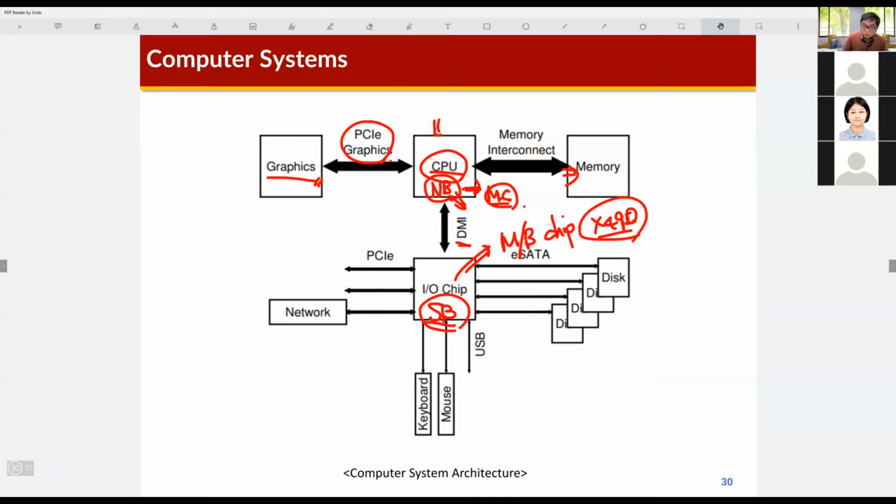The storage devices are connected to the south bridge chip, and the data in the storage is transferred to the memory and CPU through this south bridge chip, like the mainboard chipset. Also, other devices are connected. The network is connected also.